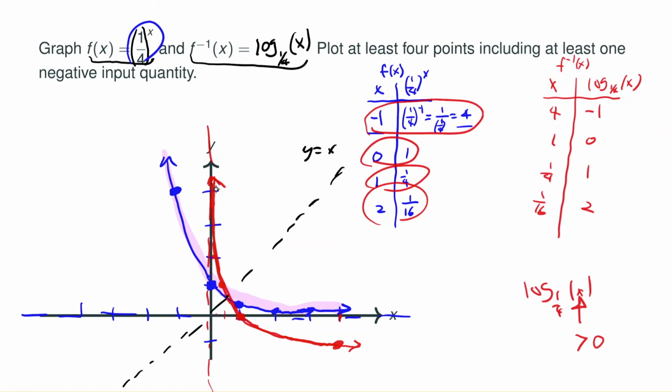Or if you rotate the red one along y equals x, then we'll get this blue line. Yeah, so these two functions are inverse to each other because they can be reflected along the y equals x line.